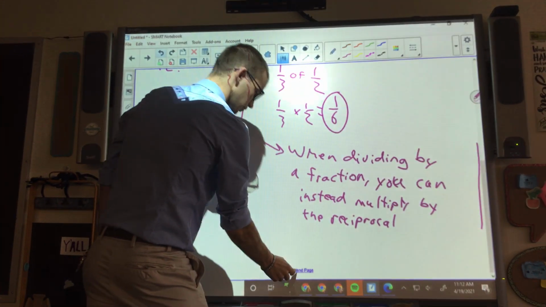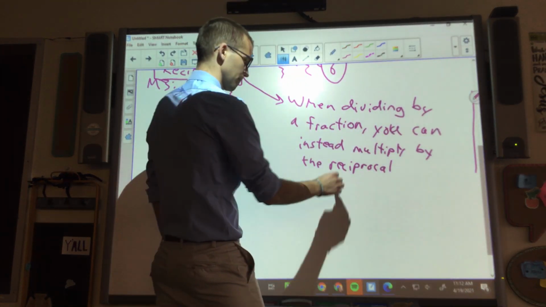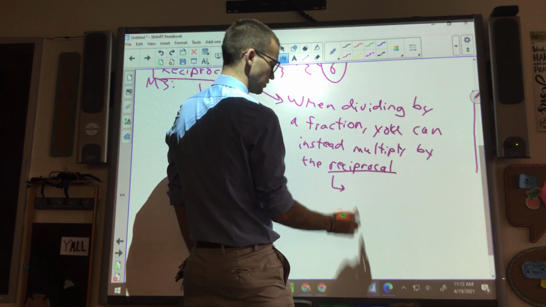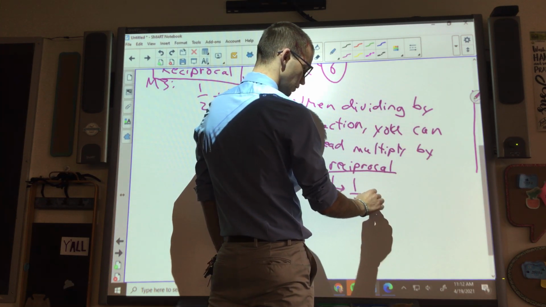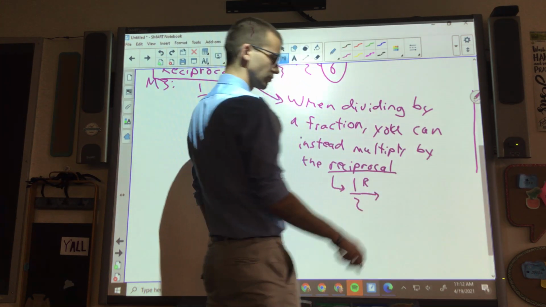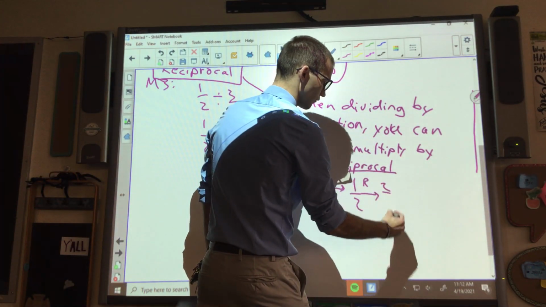And the reciprocal of something, if you have not already guessed, here's an example. If you have 1 over 2, the reciprocal, I'm just going to draw an R over that, the reciprocal is 2 over 1.